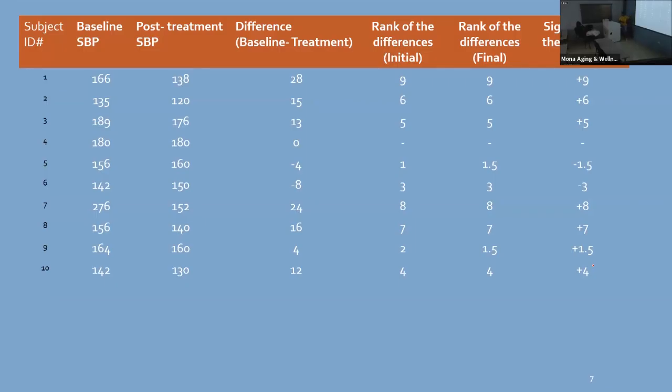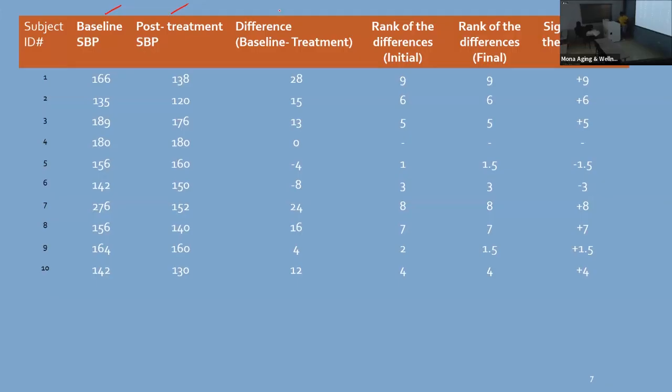So we are looking at blood pressure before a certain drug was administered and blood pressure readings after this drug was administered. In using the Wilcoxon signed rank test, we are instructed to first outline our data points in 2 columns. So we have our before reading, we have our after reading.